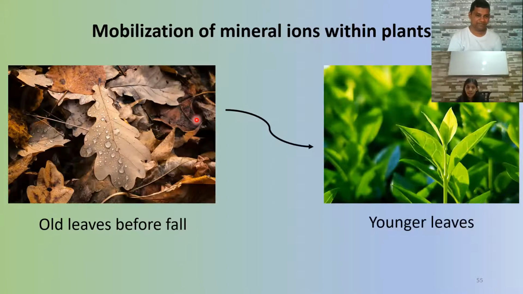Whatever important elements are there, they will go back to the soil. And उसी soil में जब नए grow होंगे, तो ये उस तरह से recycle होते रहते हैं. So that is why even ये जो dry leaves वगैरह हम बोलते हैं, जो हमें ऐसा लगता है कि they are useless for the plant, but they are very important for the ecosystem.